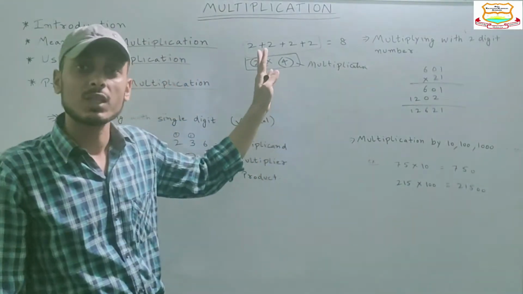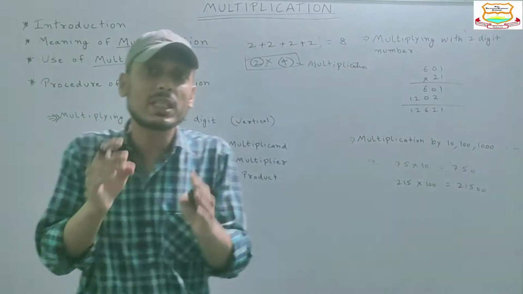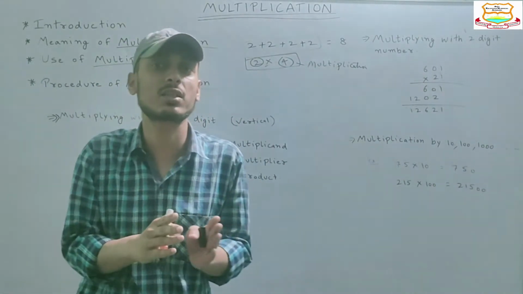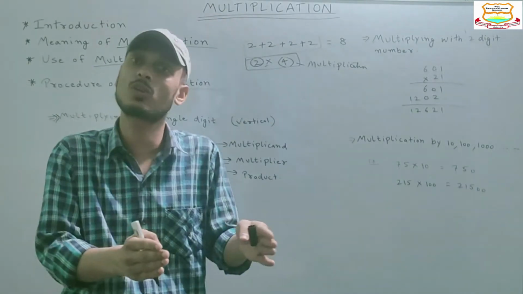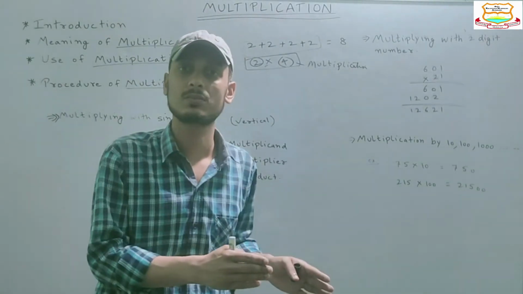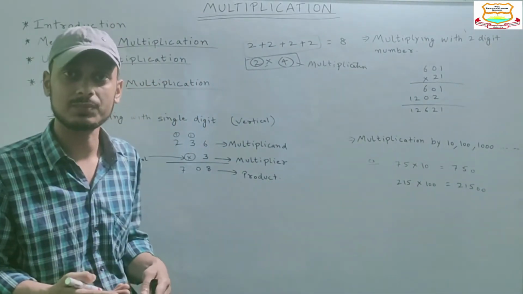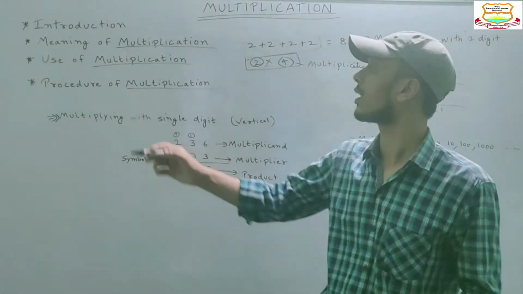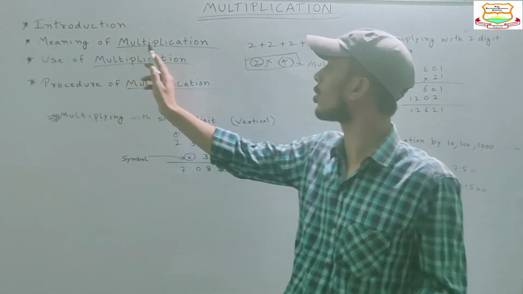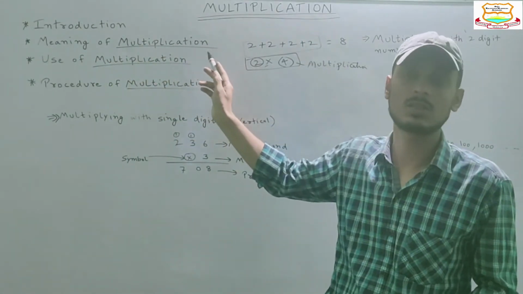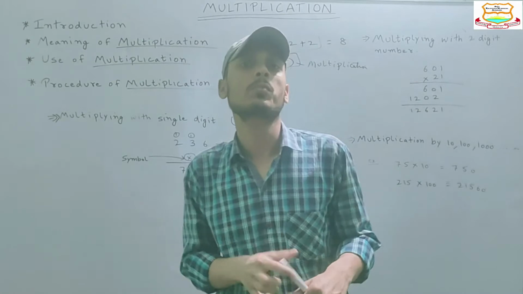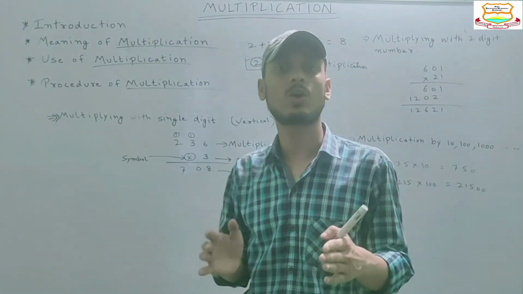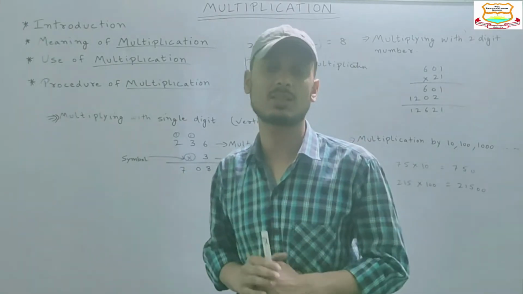From here we can see multiplication is a new form of addition. It is nothing new, it is another form of addition, repeated addition you can say. Have you understood? Then I have explained the meaning of multiplication. Again I am repeating, multiplication is the repeated addition of some particular digit.